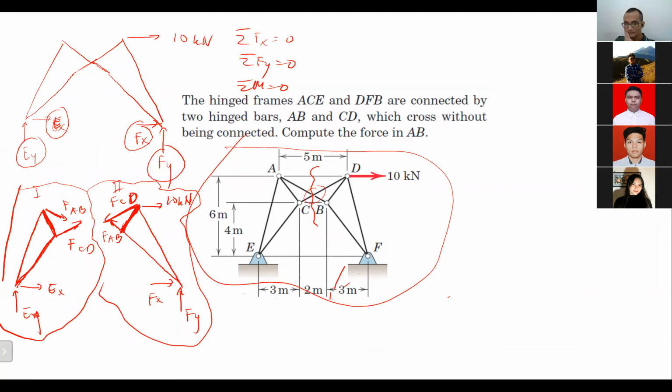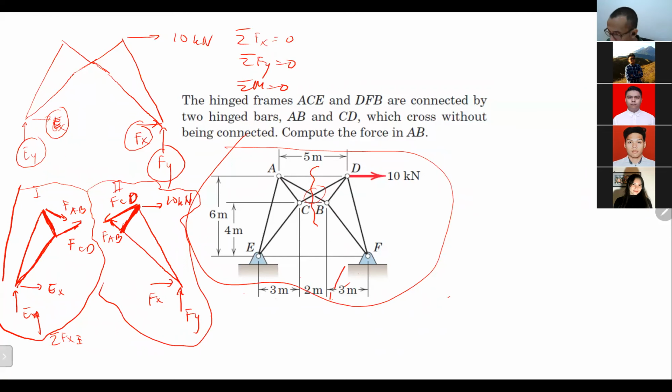How many equations do we have there to solve for the 4 unknowns? The equations you mean are sigma fx, sigma fy, and sigma moment, right? Yes. 3. So we cannot.